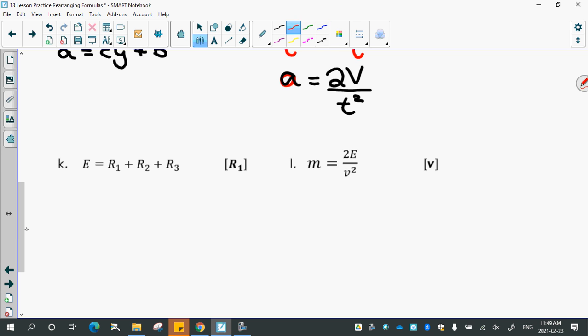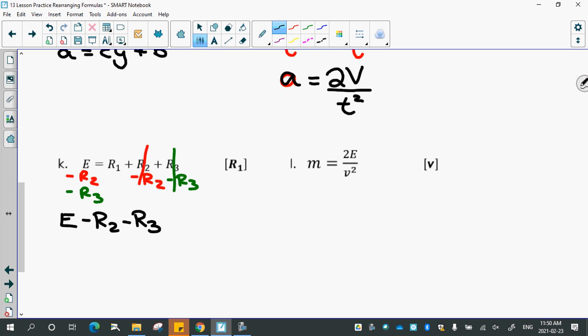John? Subtract both of them. Good. So subtract R2 on both sides. So there's a 0 pair. Subtract R3 on both sides. So that's a 0 pair. And we subtracted because we did the opposite of add. Very good. So I don't know what E minus R2 minus R3 is.